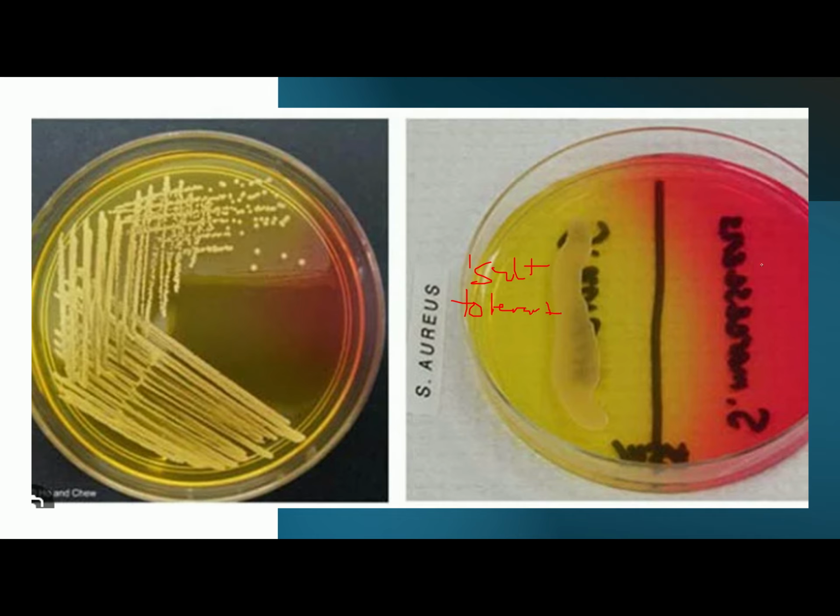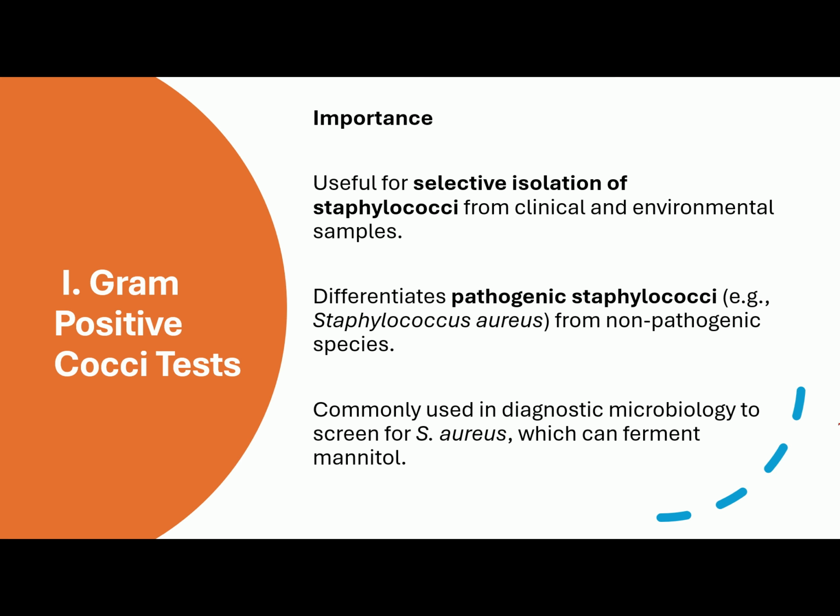Well, in this part, there's no colony, no growth. So meaning it's not salt tolerant. Usually Staph aureus. Same with this, these colonies here are salt tolerant bacteria able to ferment mannitol. Useful for selective isolation of staph.